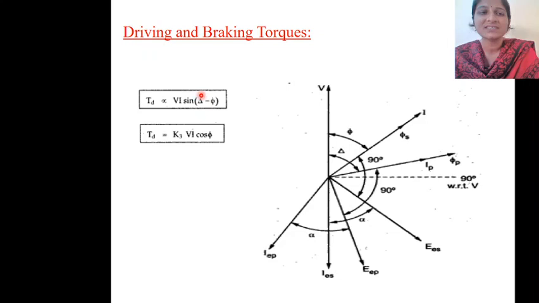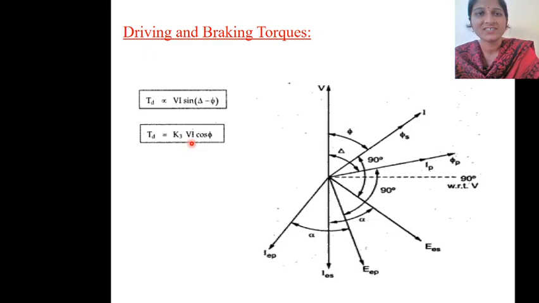As I told you, delta should be approximately 90 degrees, that means the voltage and the flux of the pressure coil should always be maintained approximately 90 degrees apart. Substituting delta as 90, we get VI sine of 90 minus phi, which is VI cos phi. Removing the proportionality, TD equals K3 into VI cos phi.